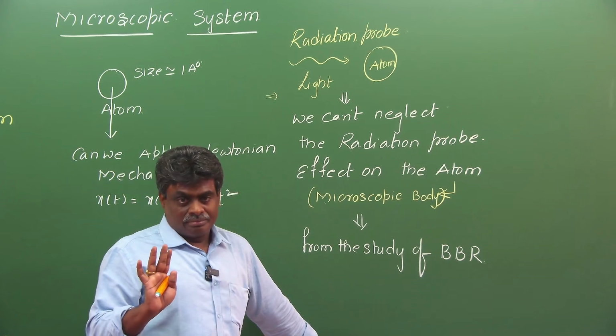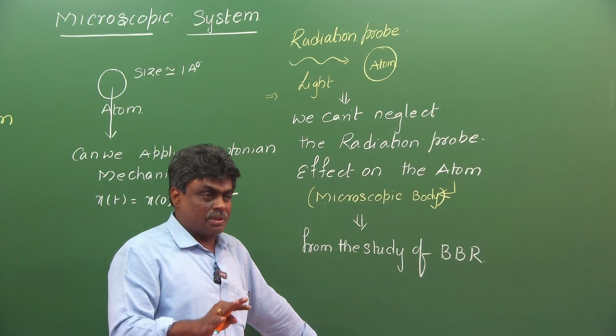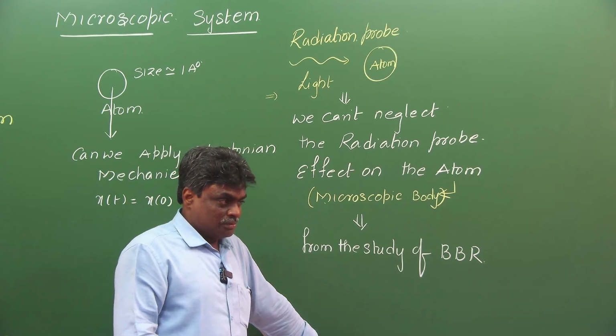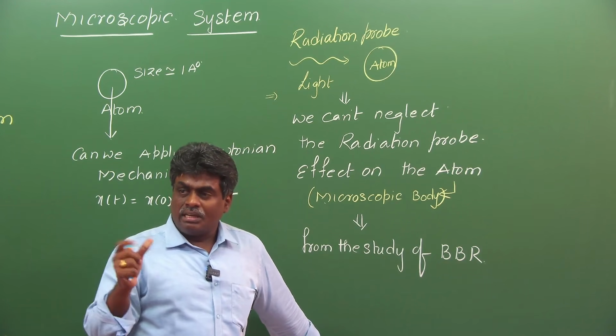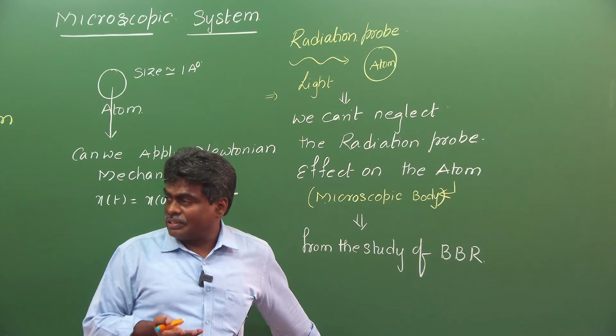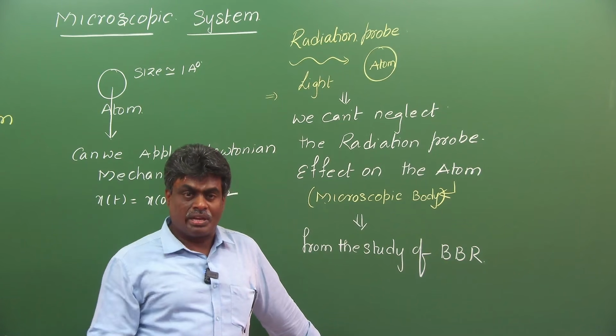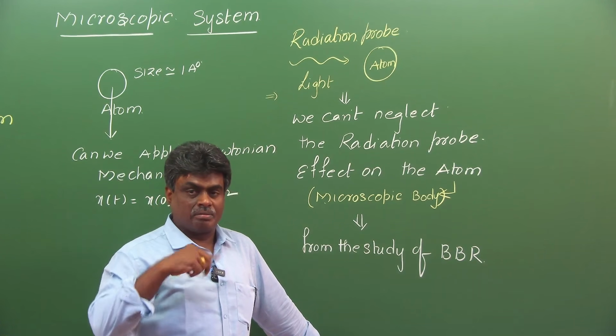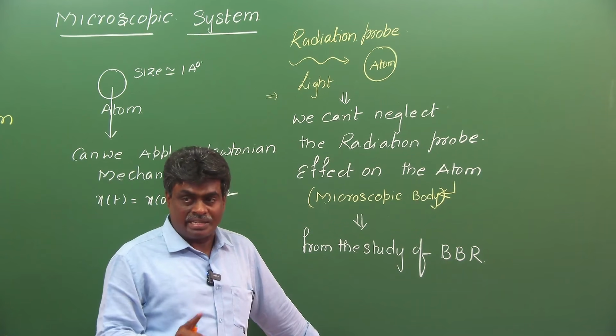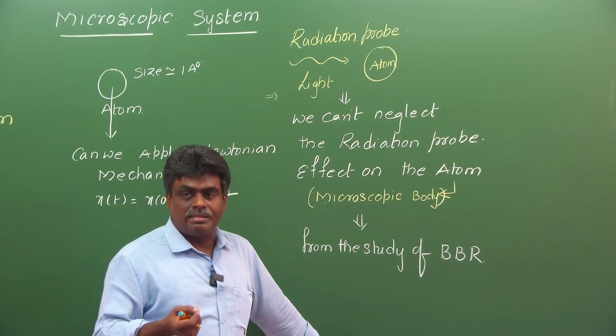Although you request 100 times, it won't emit even once. Once you increase the temperature, then only it will emit. Generally, whenever we ask the definition of black body, you will say: which can absorb automatically by itself, but which cannot emit by itself. You should increase the temperature.